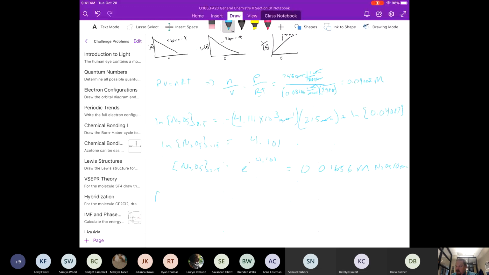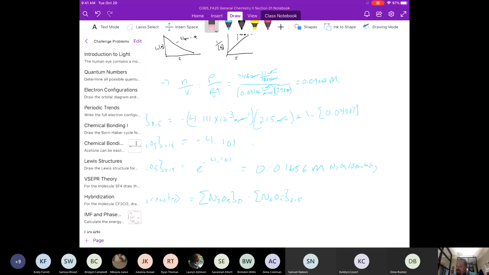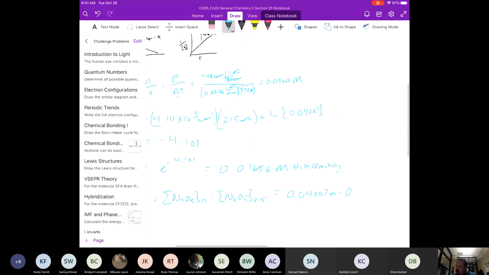The amount of N2O5 reacted is equal to the concentration of N2O5 initially minus the concentration of N2O5 at 215 minutes, which is 0.04007 molar minus the 0.01656 molar.